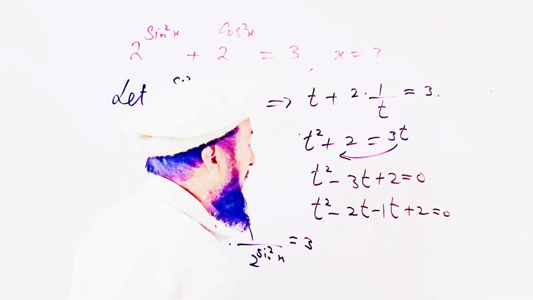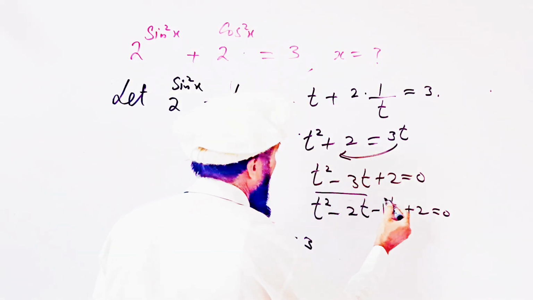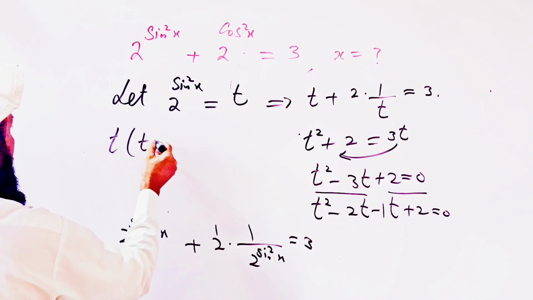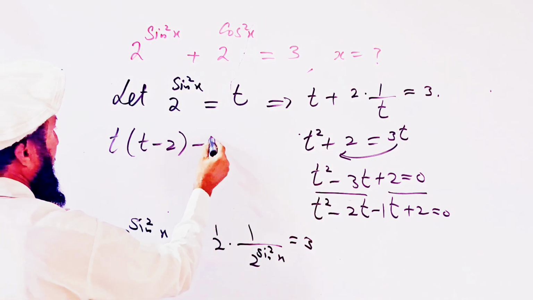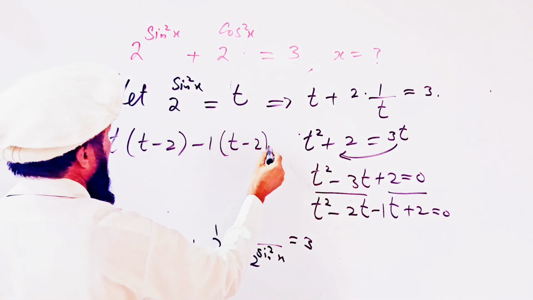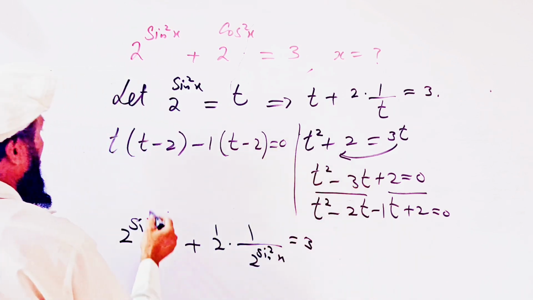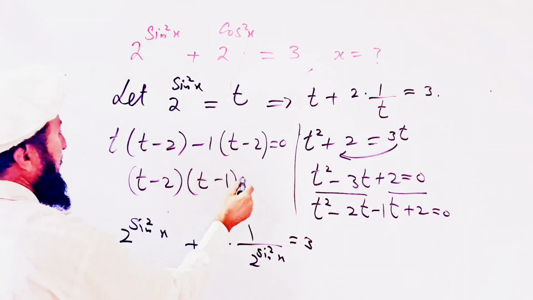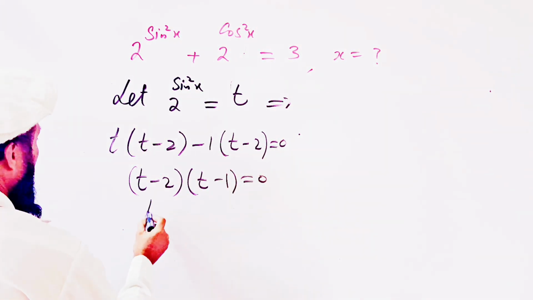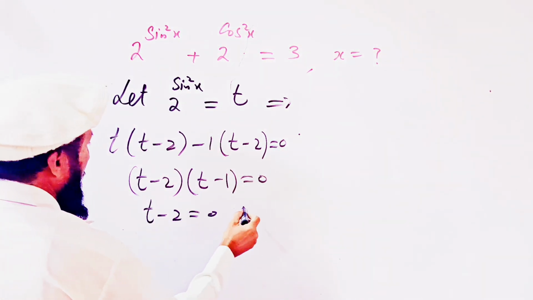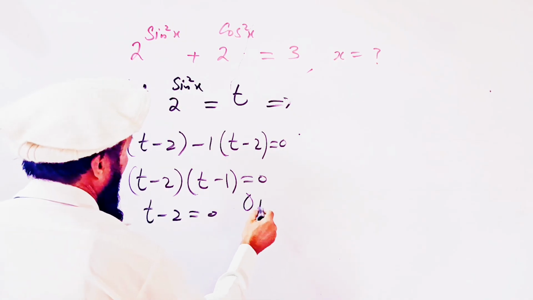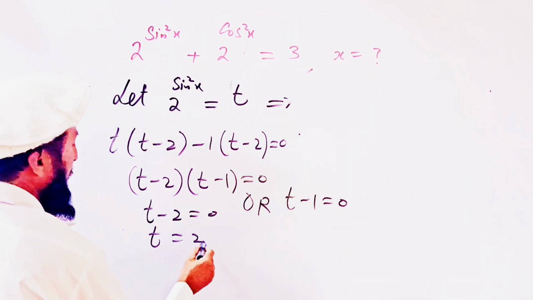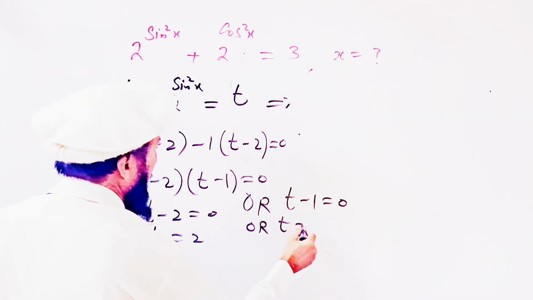Now we make pairs. In the first we take t common, giving t minus 2, and in the second minus 1 is common, giving t minus 2. So t minus 2 is equal to 0 either, or t minus 1 is equal to 0. T is equal to 2, or t is equal to 1.